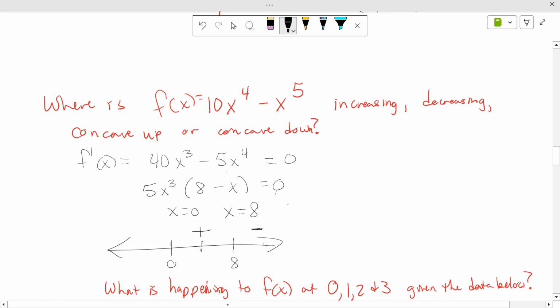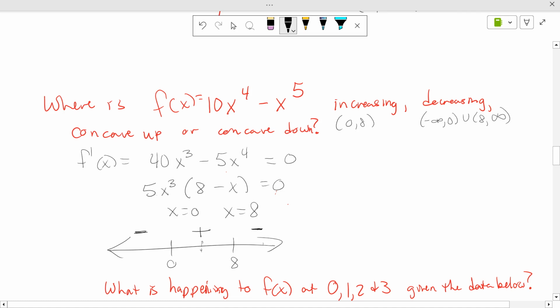If we grab negative 10, that makes this negative and this positive, and a negative times a positive is a negative. So it's increasing from 0 to 8, and it's decreasing from negative infinity to 0 and from 8 to infinity.